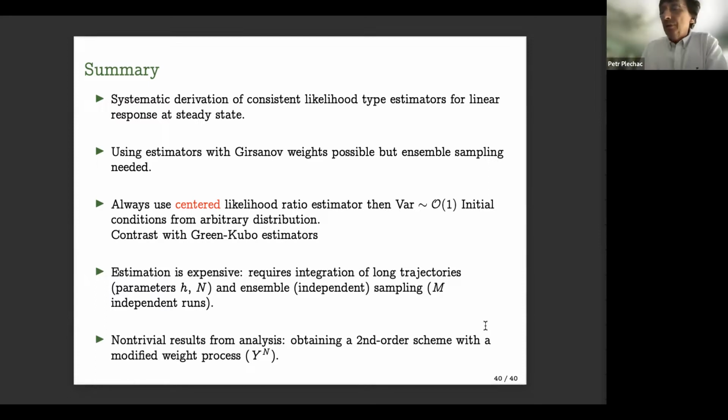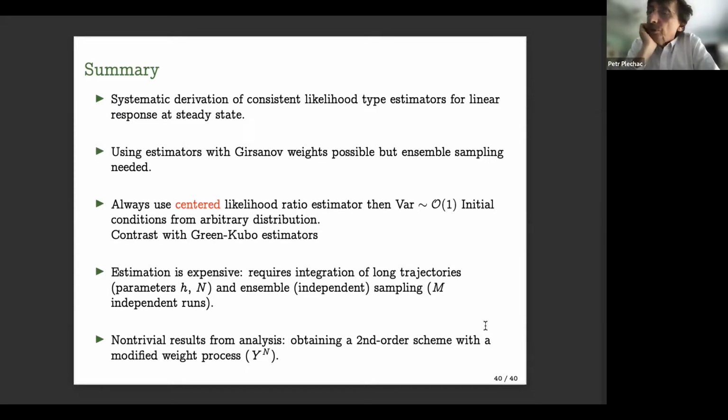Yeah, you could do the first variation, but if you do the first variation for this particular linear response, so the perturbation in the drift, you will just end up with the same process as this likelihood process, and you just get back to the Girsanov formula. So they're equivalent in this case.